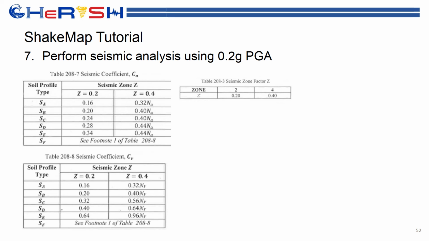That 0.2 G can be related to a zone factor of 0.2 in our code. I will then use these seismic parameters to develop my seismic response spectra, or to compute my base shear corresponding to that earthquake event.